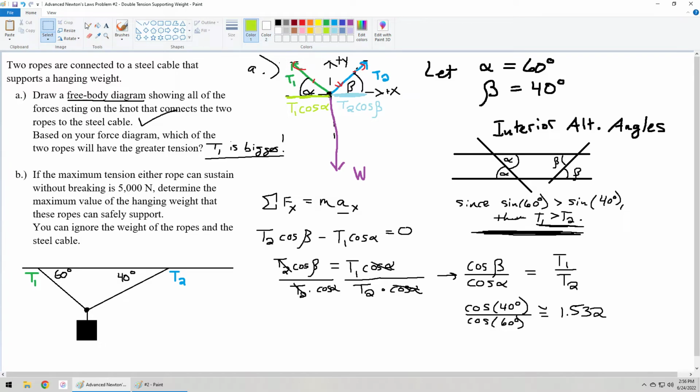I'll even draw that right here. T1 sine alpha finishes off that leg of the triangle. And over here on the other side, we've got T2 sine beta, finishing off that leg of the triangle. So the forces in the positive direction are T1 sine alpha and T2 sine beta. And then the negative force would be the weight.